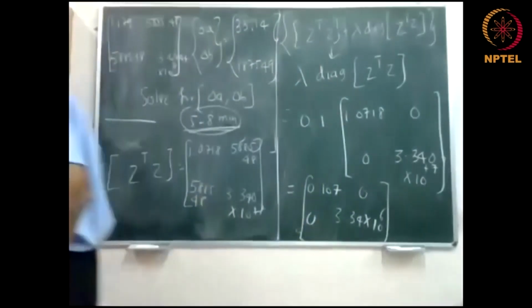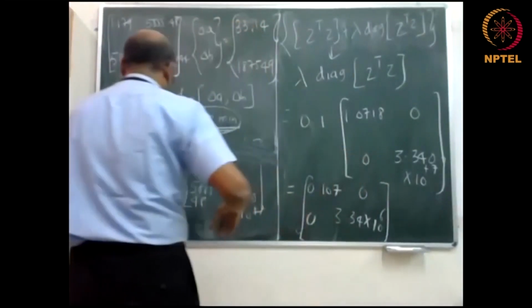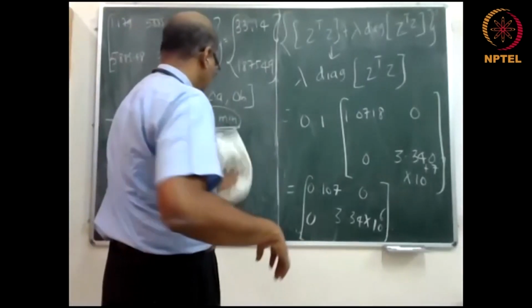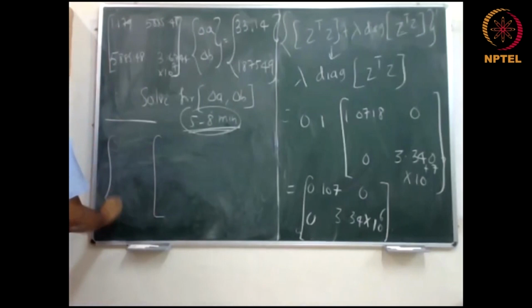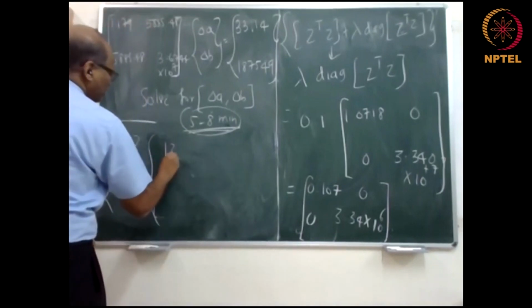What are delta B? 12.166. Delta A, Suhasa? 13.128, sir. 13.128. 13.1209. 13.12.